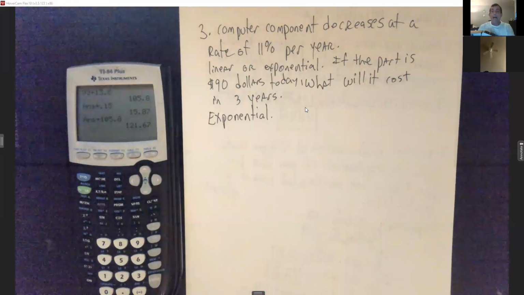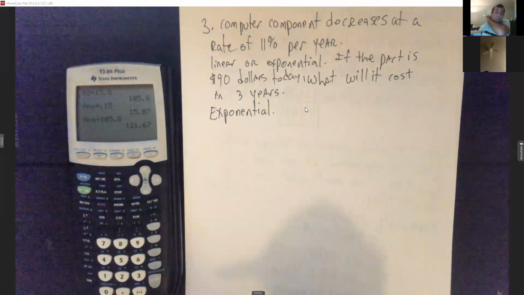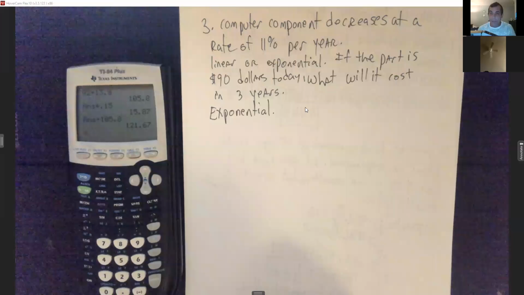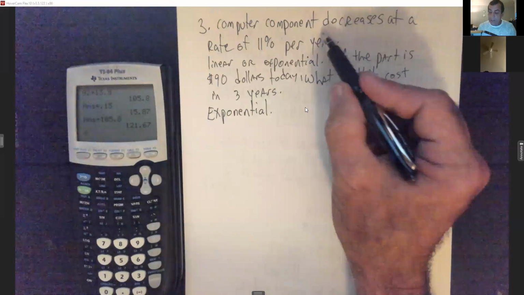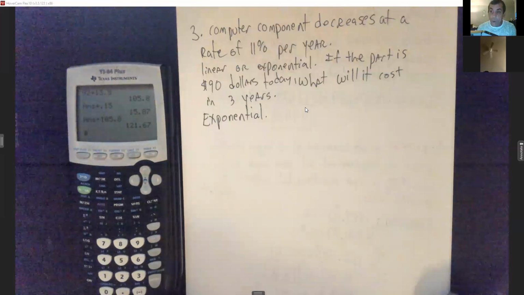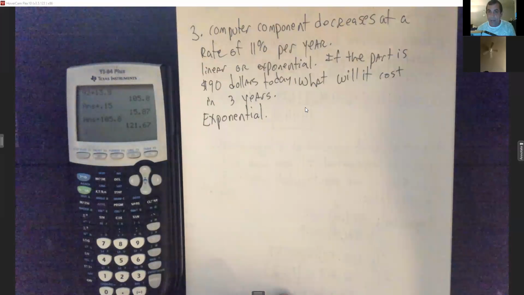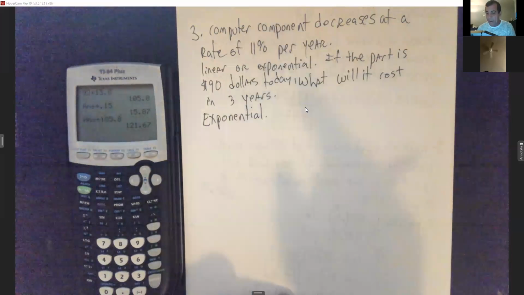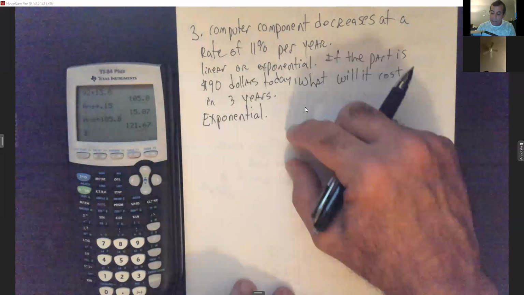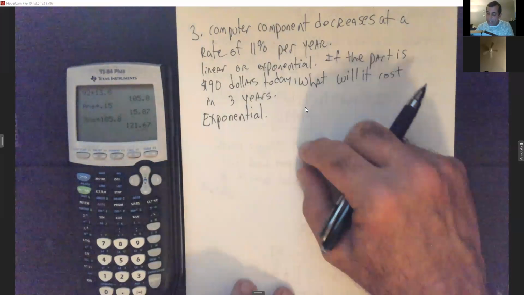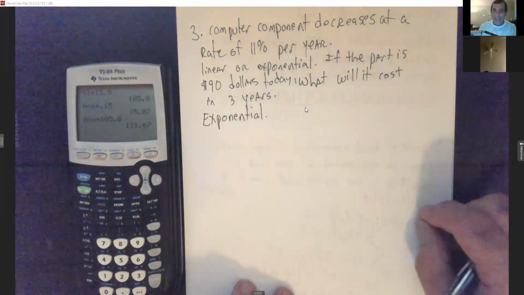Now, if I want to find the value it's going to have in 3 years, remember, this says it's decreasing. So I'm not going to add that value every year. I'm going to subtract that value every year, okay? So decreasing, you'll see eventually it doubles in its decreases, okay?